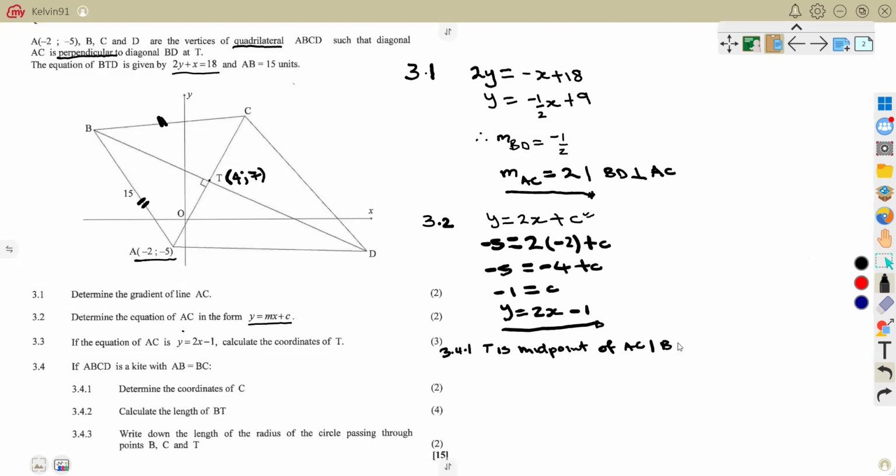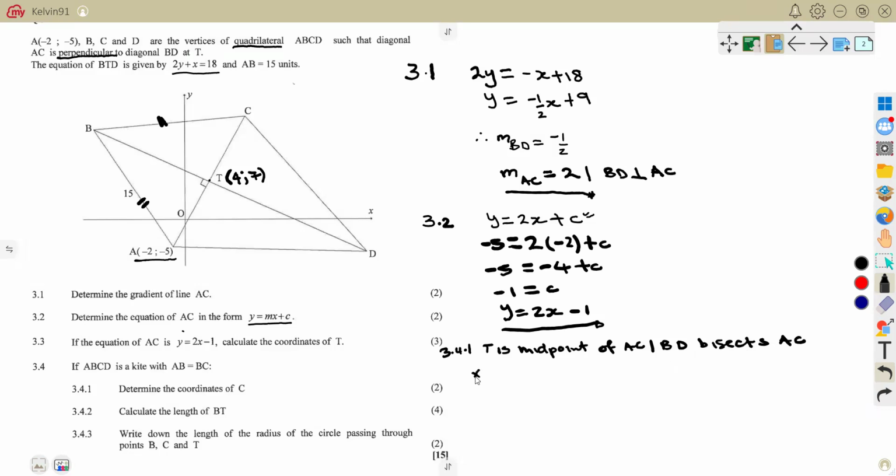For a kite, BD bisects AC. BD is bisecting AC. The longer diagonal of a kite bisects the other diagonal. So using that, we use the midpoint formula.